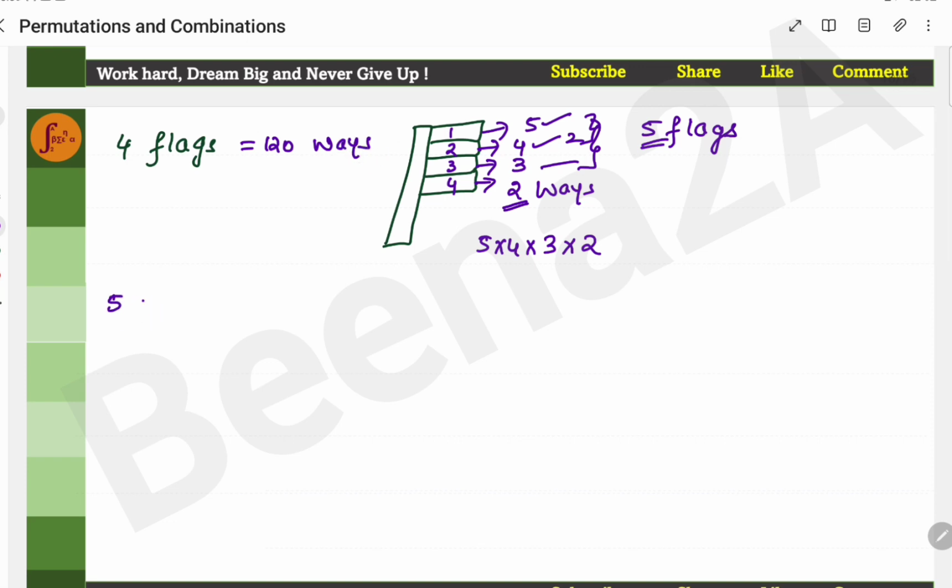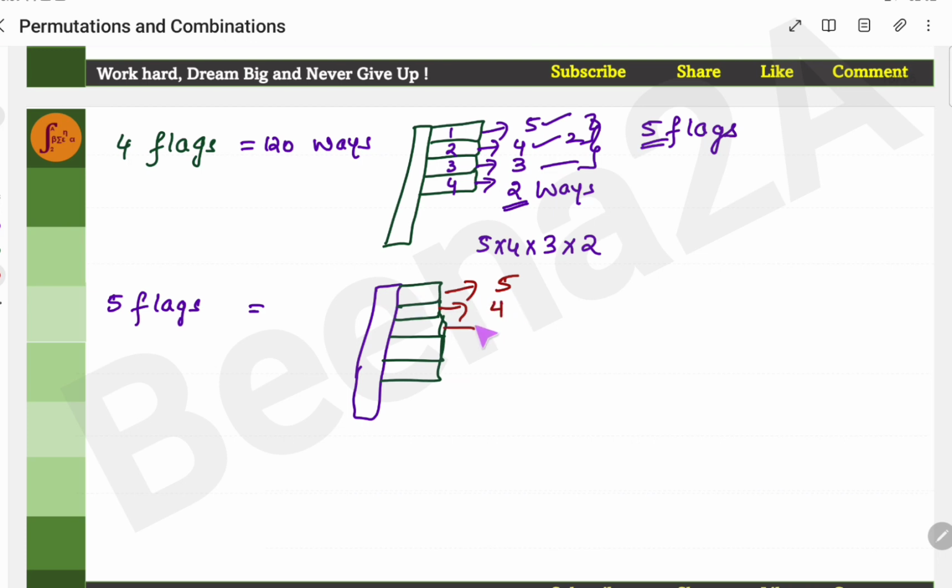Now I'll take 5 flags, right? I can have 5 flags now in the vertical staff. Now here again, for the first flag I have 5 flags available. Second one, I have chosen 1, so I have only 4.